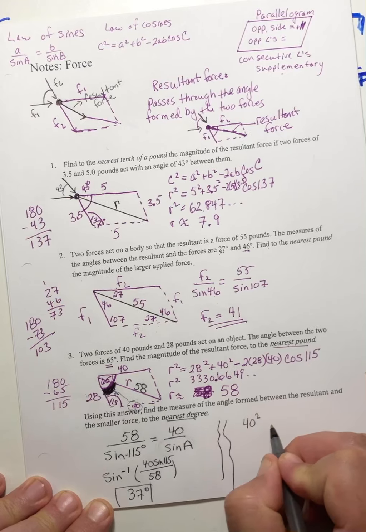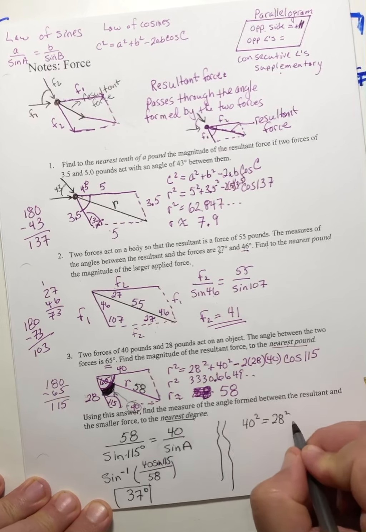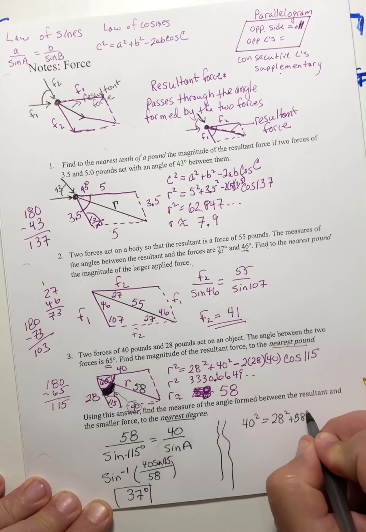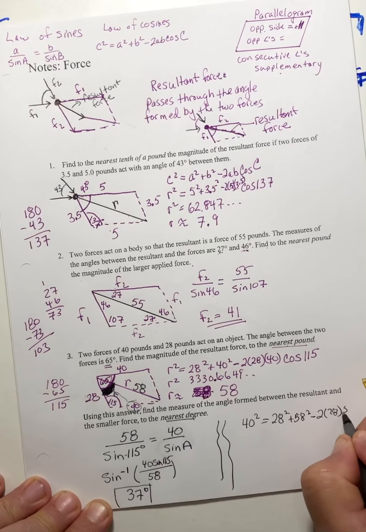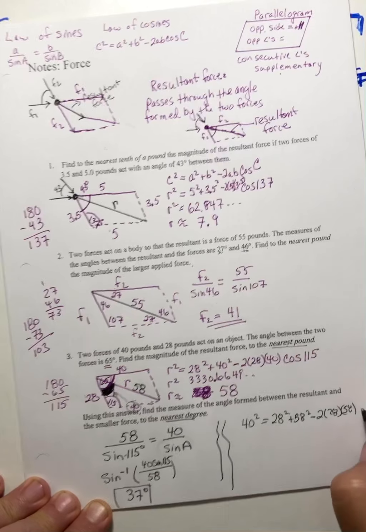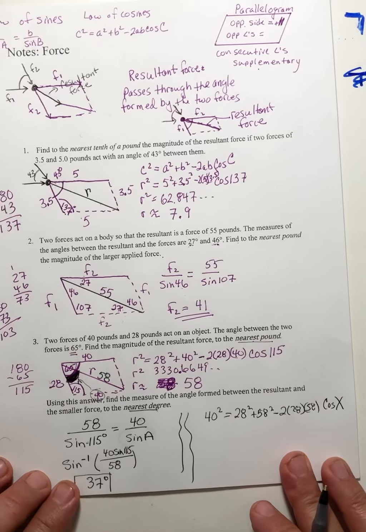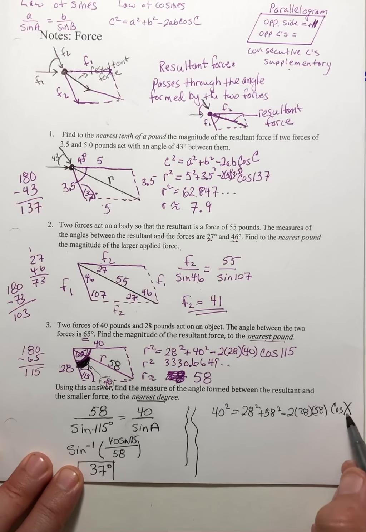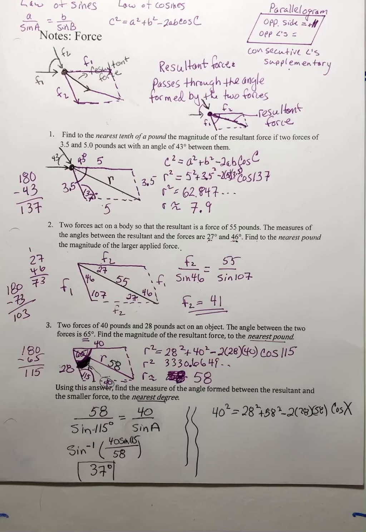So 40 squared would equal 28 squared plus 58 squared minus 2 times 28 times 58 cosine of x. Let me slide that over for you. Okay, cosine of x. And then you'd have to do your algebra like we did before, and you'd come up with 37 degrees when it's all said and done. Okay, that's our force problems.